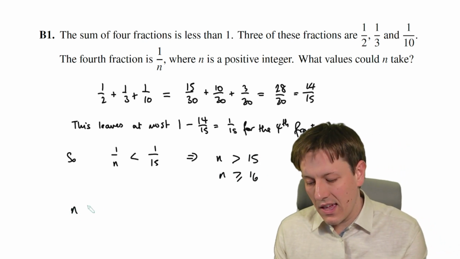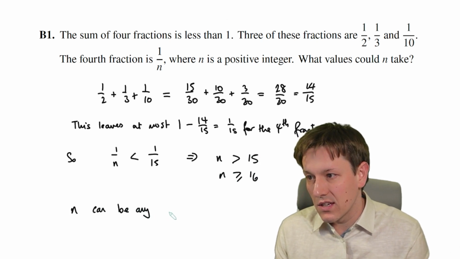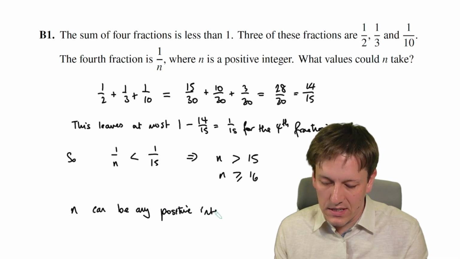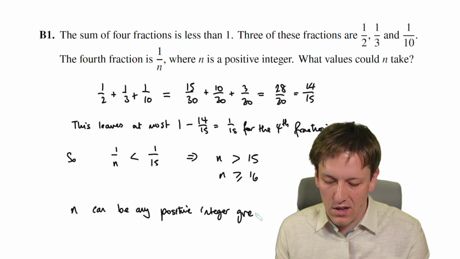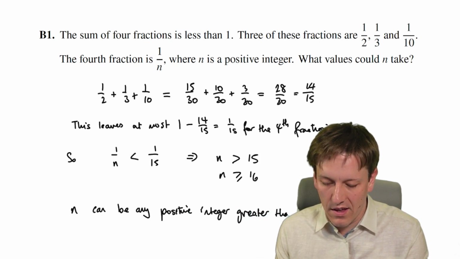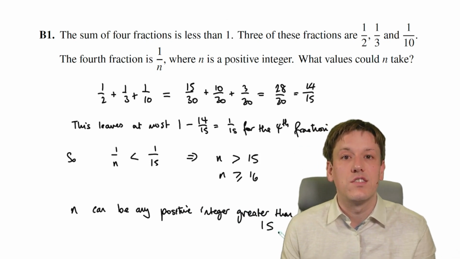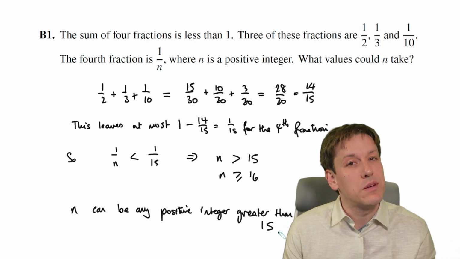So in fact, n can be any positive integer greater than or equal to 16, or perhaps it's more efficient just to say it can be any positive integer greater than 15. So that's enough to answer this question and to get full marks, but you do have to be precise.